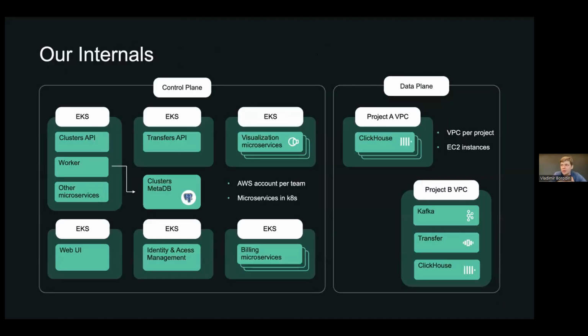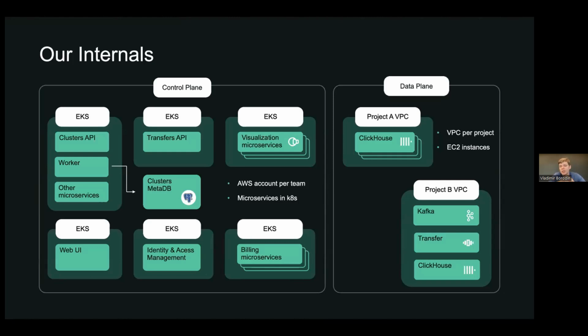A couple of important things about our infrastructure that you should know to understand some of the things I'll talk about. First of all, our service has two main parts, control plane and data plane. Control plane is a bunch of microservices deployed on Kubernetes, managed by AWS. And we have several development teams which are independent. Each of them has its own AWS account and its own Kubernetes cluster.